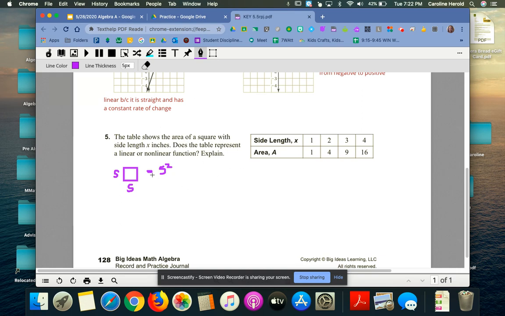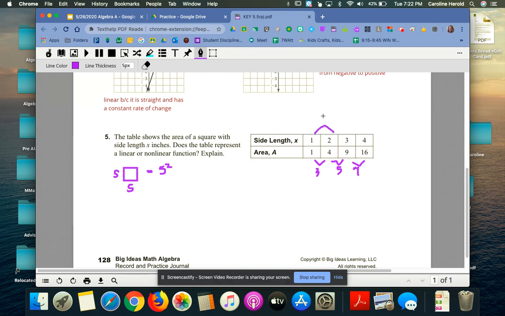So anyway, does the table represent a linear or nonlinear function? Well, if I look at the change in y, this is different from each number to each number. This one's 3, this one's 5, this one's 7. That's how y is changing, but we can't really tell what's going on until we look at how x is changing.